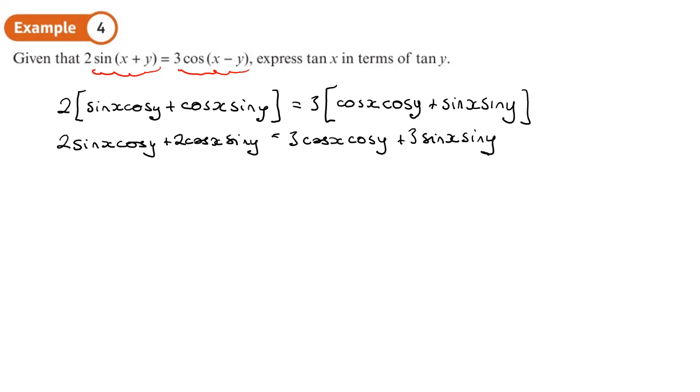Now because I want tan, it would make sense to divide by cos, because if I get sine over cos, I can get tan. Well, I need to divide by cos x, and that will cancel out all the cos x's and make these sine x's tan x, and I also need to divide by cos y, and then these cos y's will disappear, and the sine y should become tan y's.